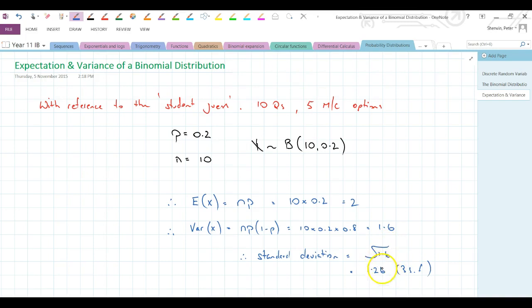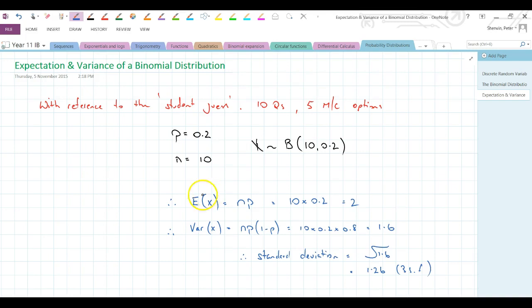So that's 1.26. You can put that in context with the mean score of 2. So between 0.74 and 3.26 we would expect most of the scores to lie. It's about 70% of the scores, in fact.